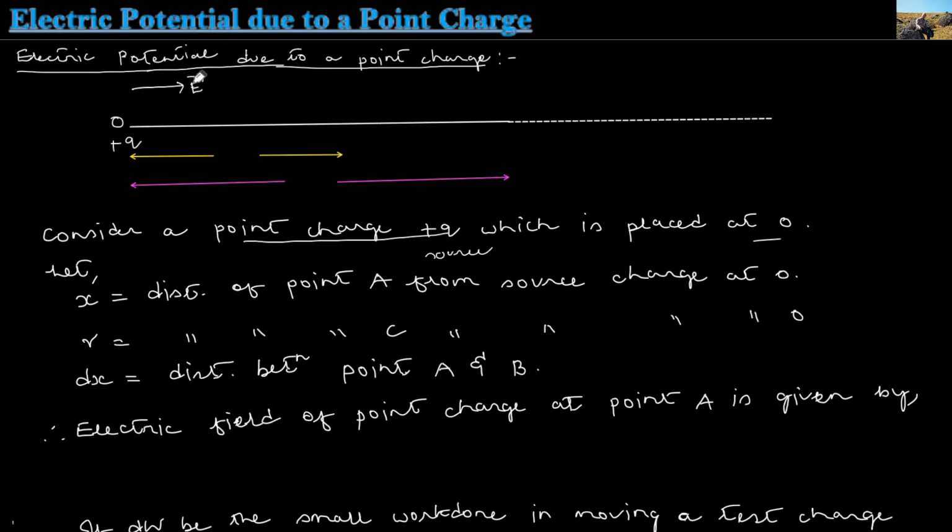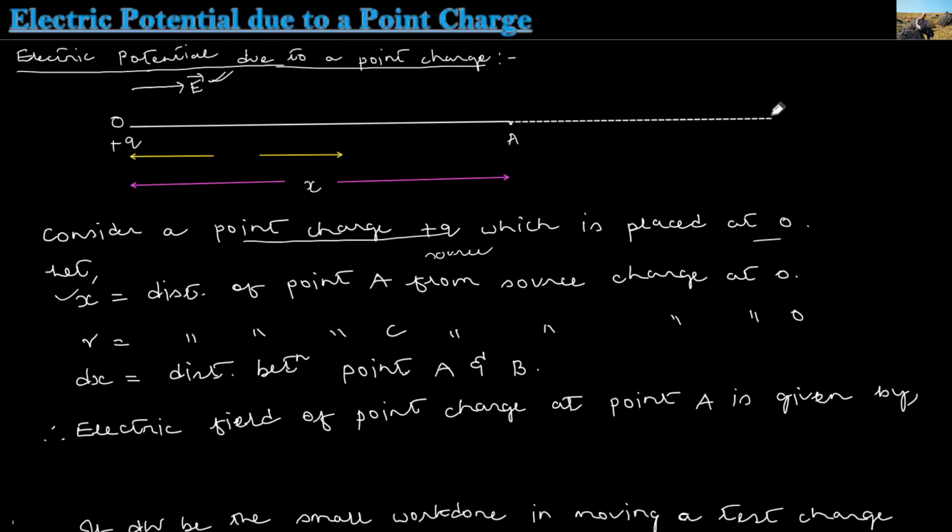Suppose the electric field due to this source charge plus Q at point O is experienced up to, suppose, point A. Let this distance of the point A from the source charge Q be x. That means from O up to A, let that distance be x.